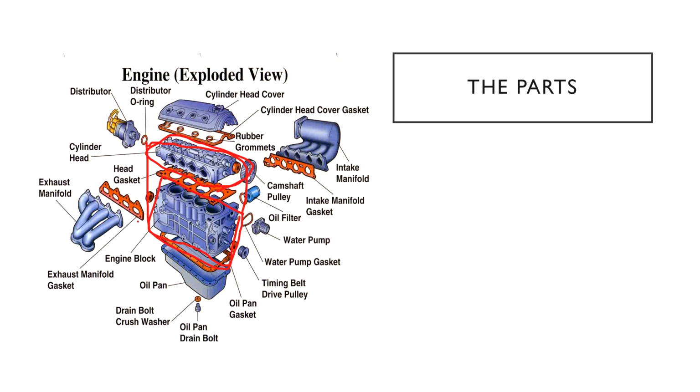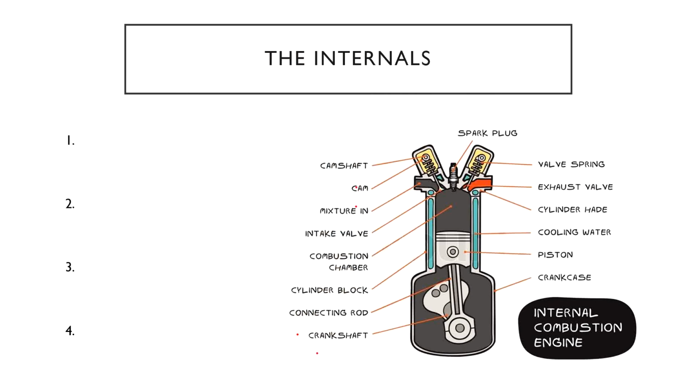We also have the exhaust manifold right here, as I was talking about earlier, which takes the dirty gases out of the engine and takes them away from your car. And then we also have the intake manifold up here, which takes the air into the engine and lets the engine run. So I'm going to be talking about the internals of an internal combustion engine as labeled here.